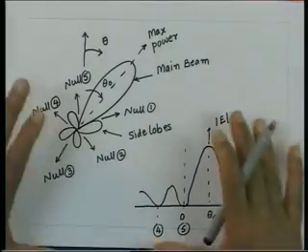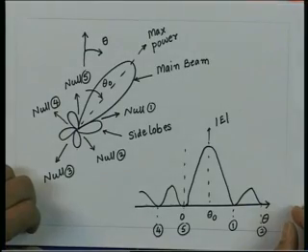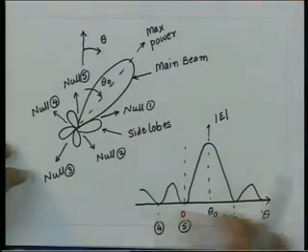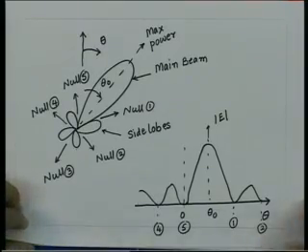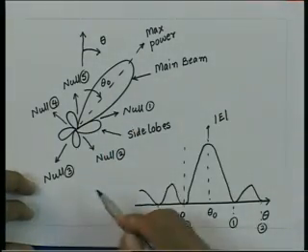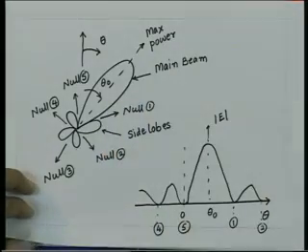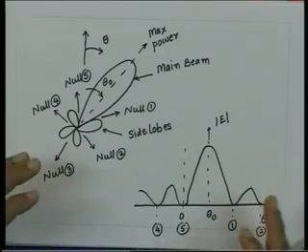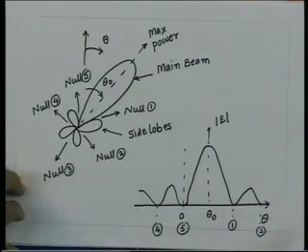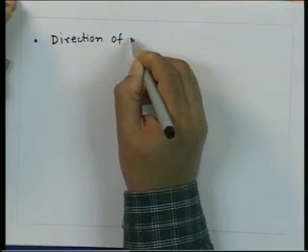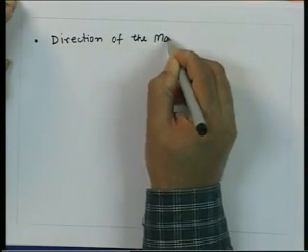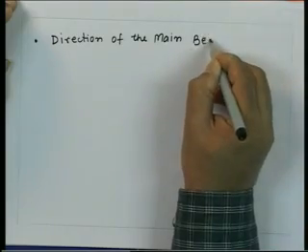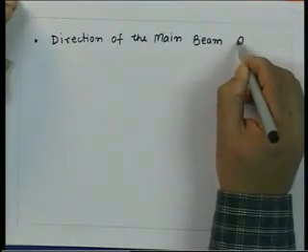Now, if I look at this radiation pattern, there are certain characteristic parameters I can extract from it, and the first thing that immediately comes to mind is the direction of the main beam. Different antennas can be compared on the basis of the direction of their main beam. So, we have a parameter, the direction of the main beam, theta naught.